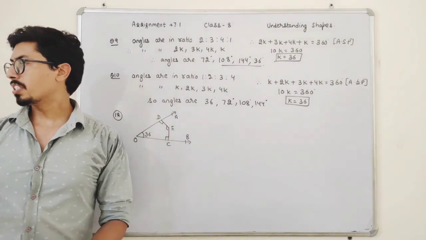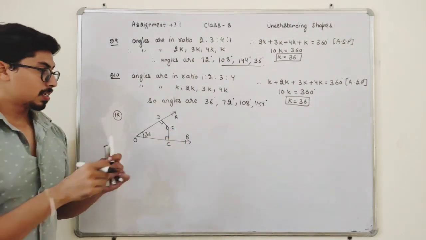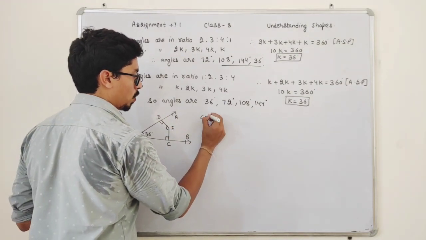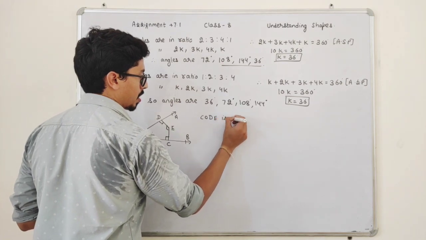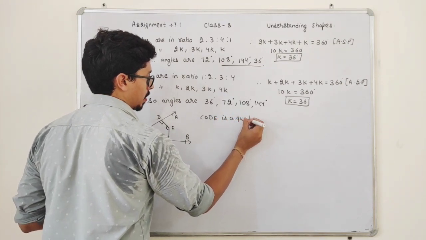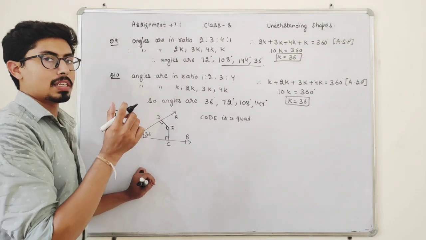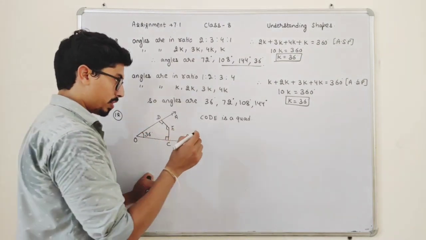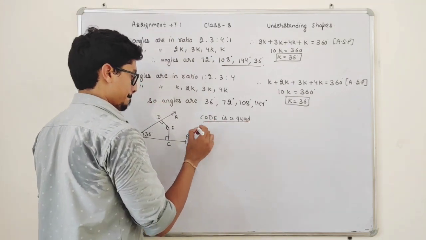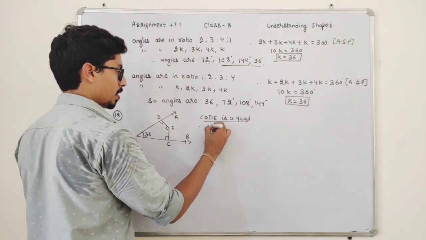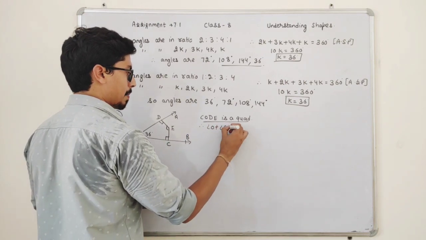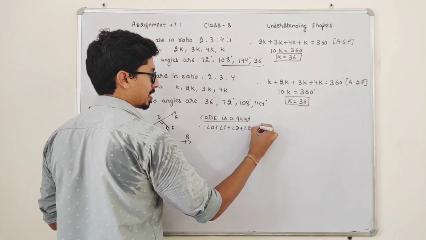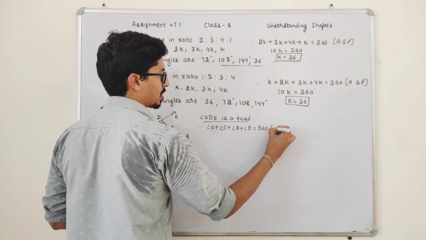Okay, students. If you see this, CODE is a quadrilateral. And the sum of the angles of a quadrilateral is 360 degrees. So students, this angle O plus this angle C plus angle E plus angle D will be 360 degrees. The reason is the angle sum property.